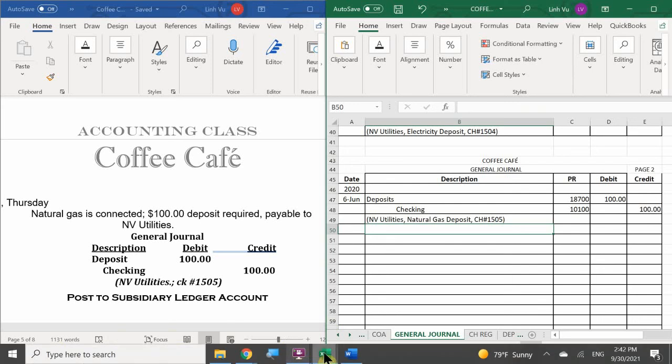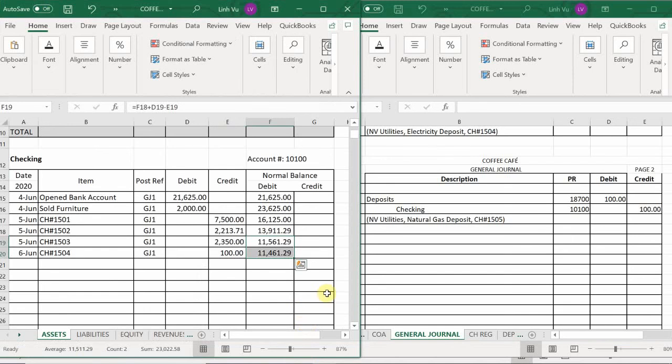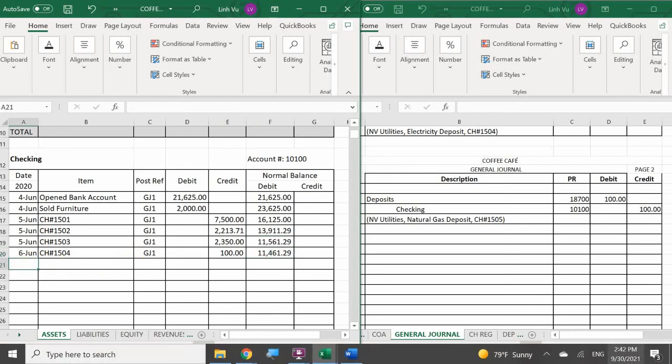Okay. So here you go. Same thing here. It's up to you for this one. Since we know this is going to be like this, we can go ahead and update our checking first, because we know exactly what we're doing here. So check number 1505.